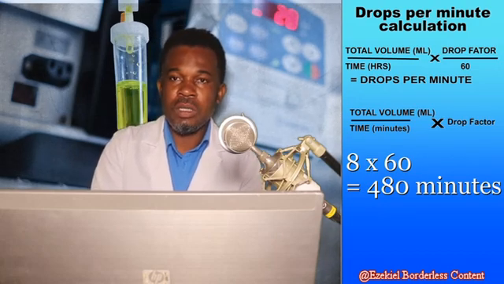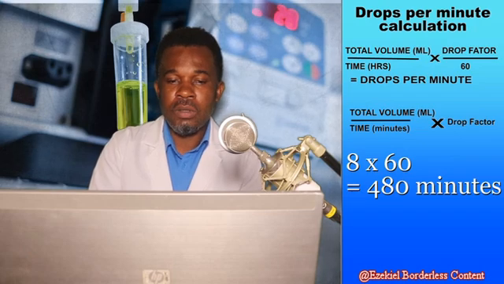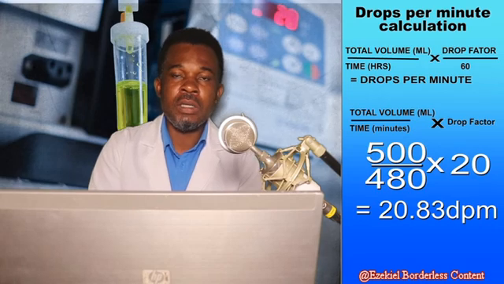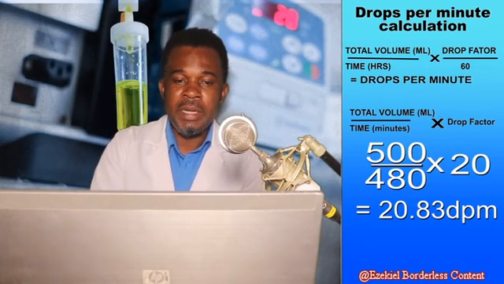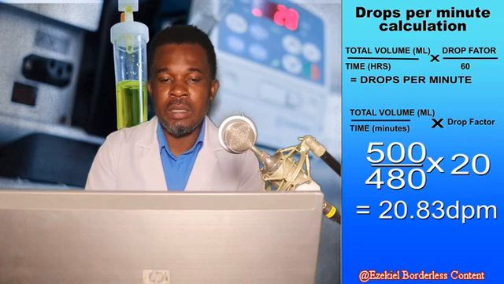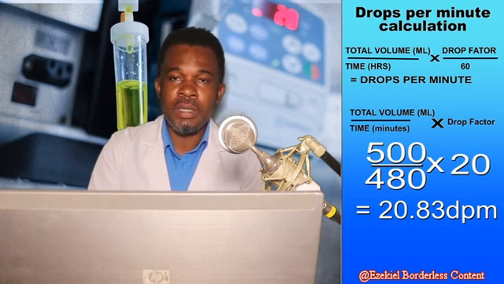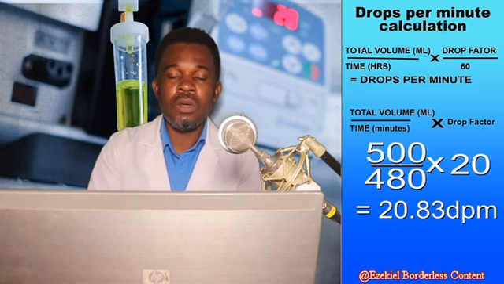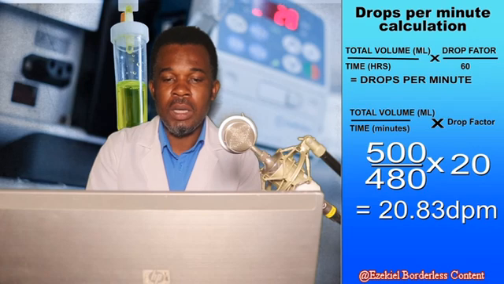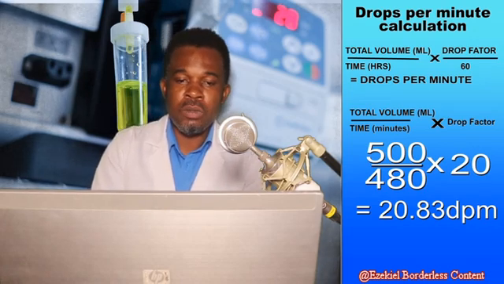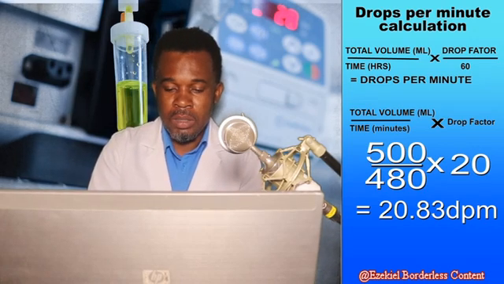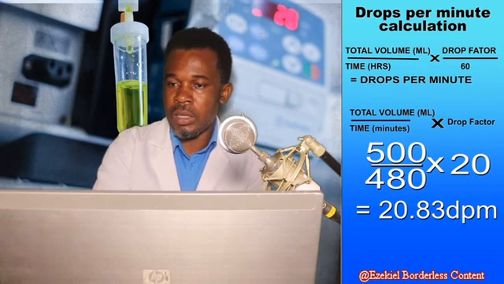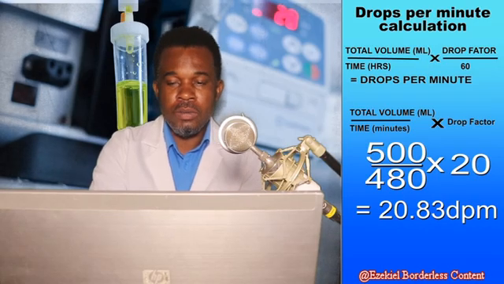Now, if we have gotten the minutes, then the calculation of drops per minute will be 500 mils divided by 480 minutes times the drop factor, which is 20, and that will give us the same result, 20.83, in approximation 21 drops per minute. That is how to calculate drops per minute.